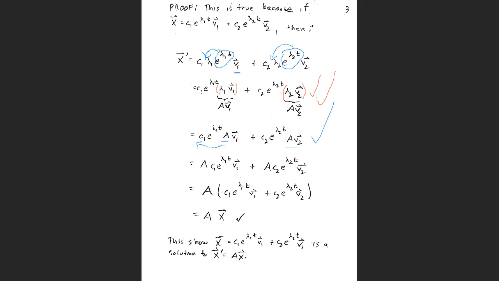The matrix A can be brought out in front of scalars. Now, if this here were a matrix, then I couldn't do this. I couldn't bring the matrix A out in front of the terms. But since C1 e to the lambda 1t and C2 e to the lambda 2t are just scalar functions of t, I can move my matrix A out in front.